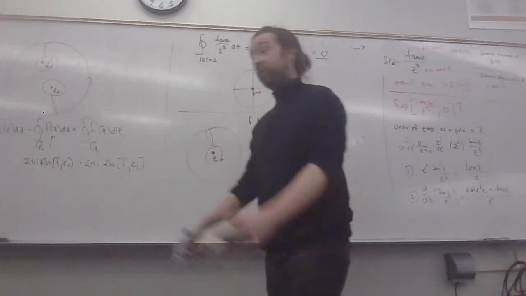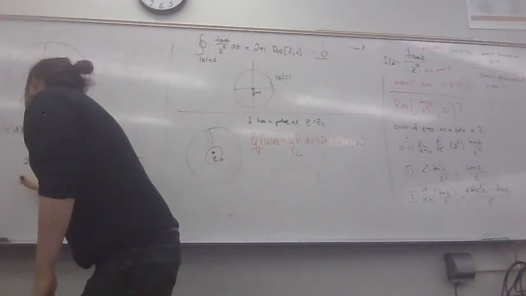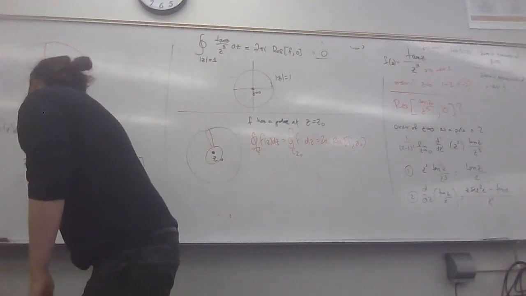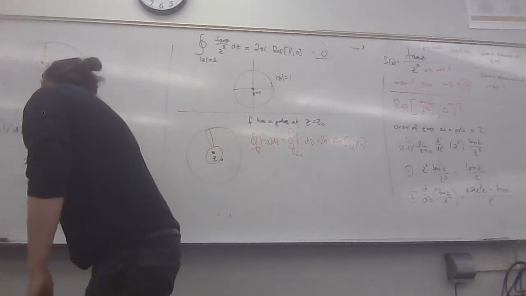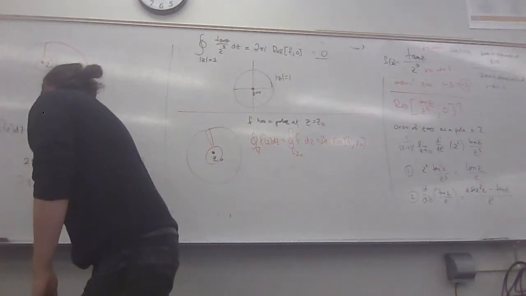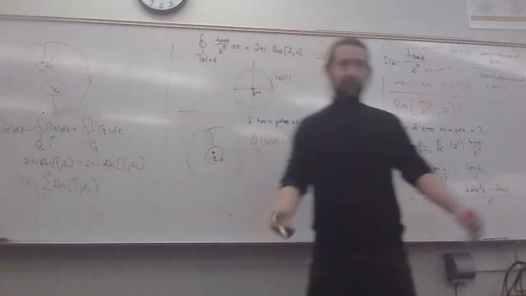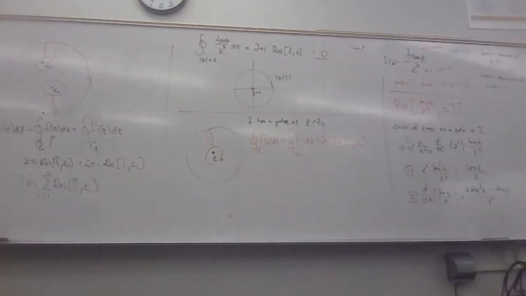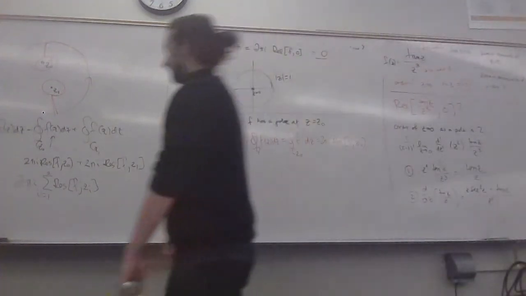Or, if you like, 2 pi i times the sum of the residues of f at z_i, where i runs from 1 to 2. Can you imagine a way that we could extend this theorem if there were more singularities on the inside? No? I know, it's pretty hard to imagine.